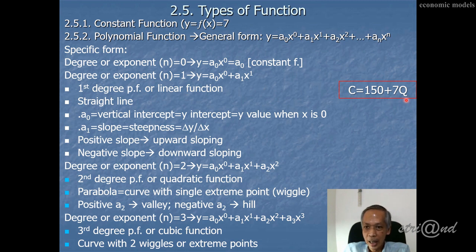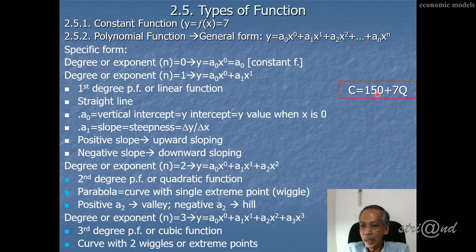If it is a straight line, we can find that the 150 in this equation, or the A0 here, is the vertical intercept, because when the quantity is 0, the c will be 150.